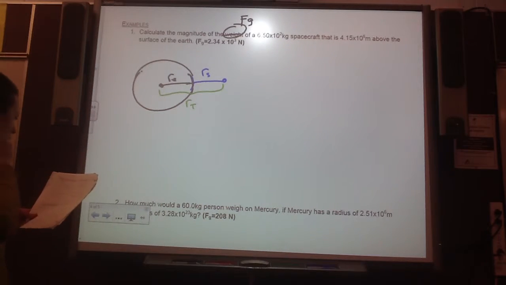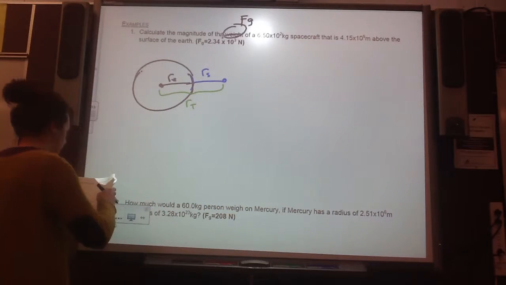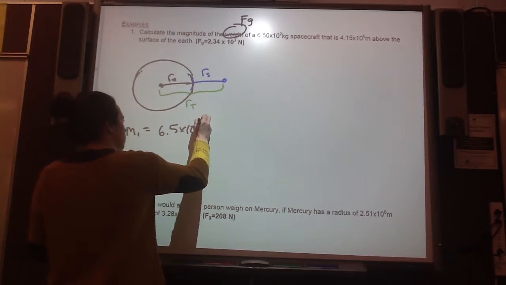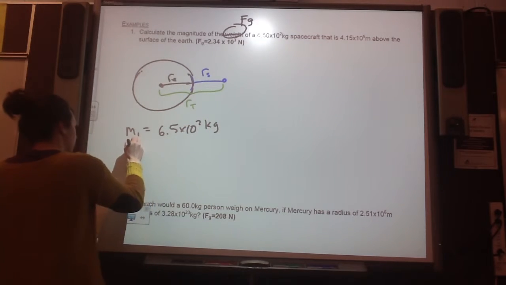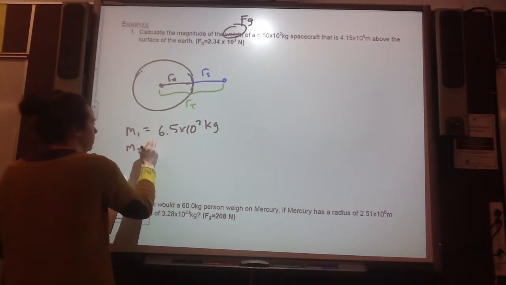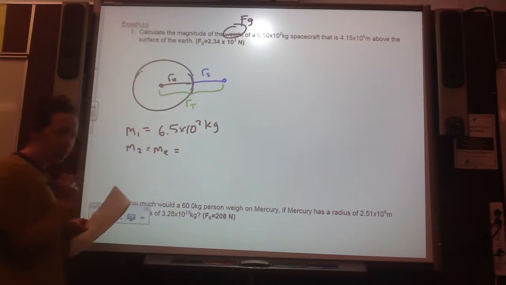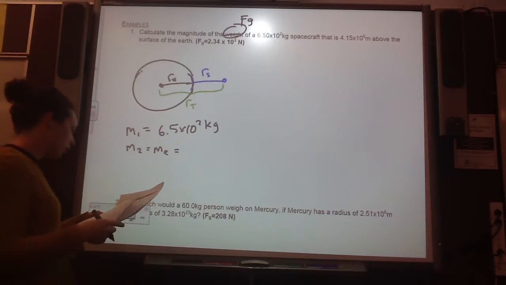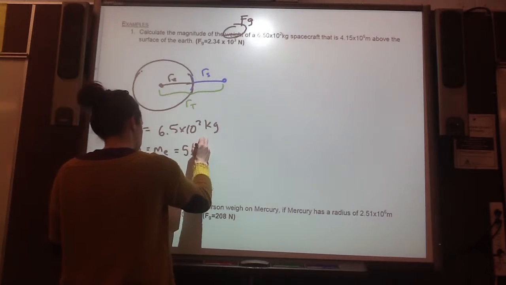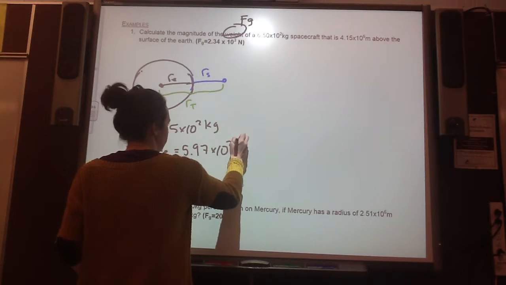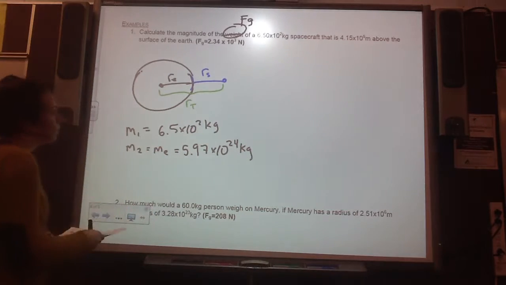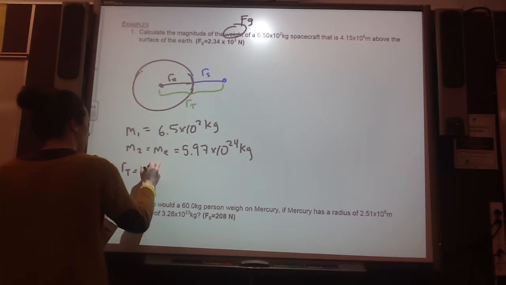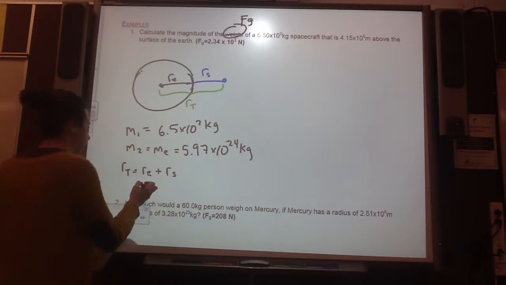Alright, let's write down everything that we have here now. M1 I'm going to say is 6.5 times 10 to the 2 kilograms. M2 is going to be my ME, which is the mass of our Earth. Go to your data booklet and look at the mass of Earth, which is 5.97 times 10 to the 24 kilograms. Now my R total is equal to my RE plus RS.